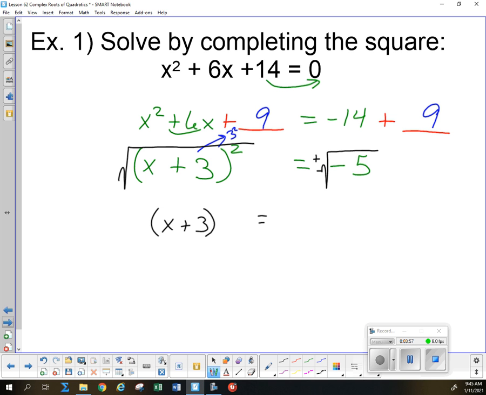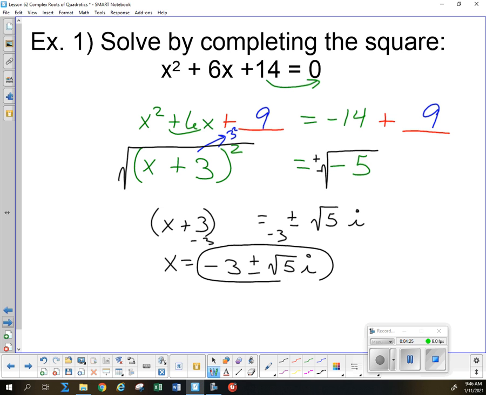Square root of anything negative means square root, and then times the positive, and then times an i. So if this is x plus 3, when I subtract 3 on both sides, I have x is negative 3 plus or minus the square root of 5 times i.